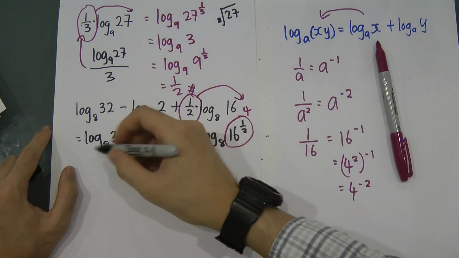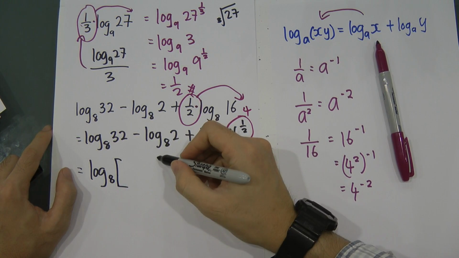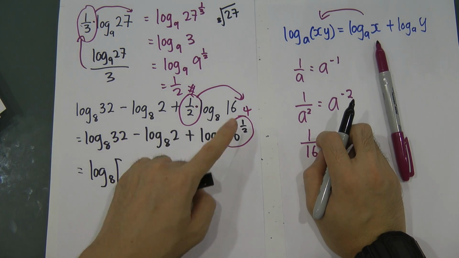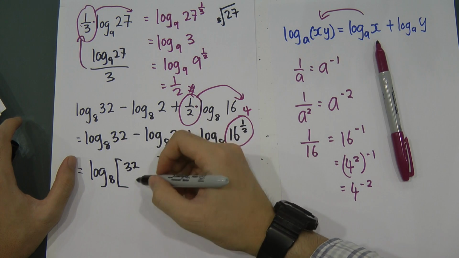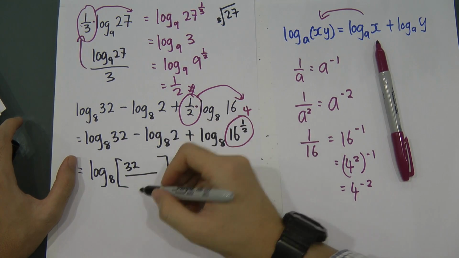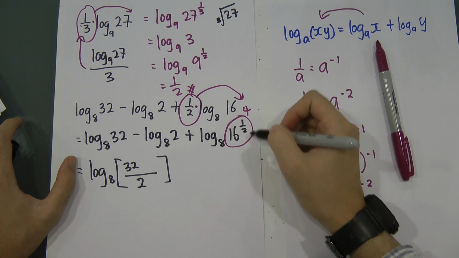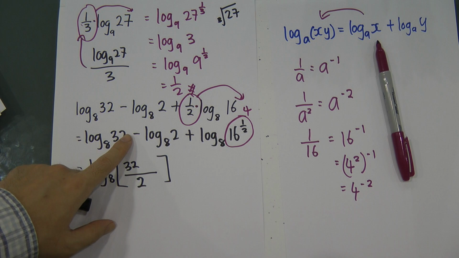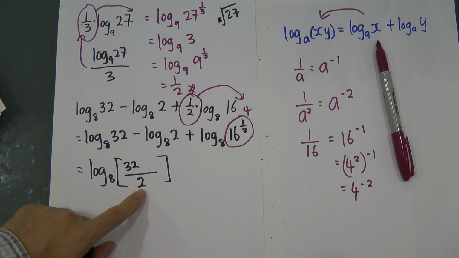So this one actually is equal to 4. Alright, and then I factorize out log 8 from all of the numbers over here. So minus will become divide, and plus will become multiple. So this one 32 divide 2 multiple 4. Alright, this is very important because some students will make the mistake like this. Okay, 32 divide 2, most of you get correct.